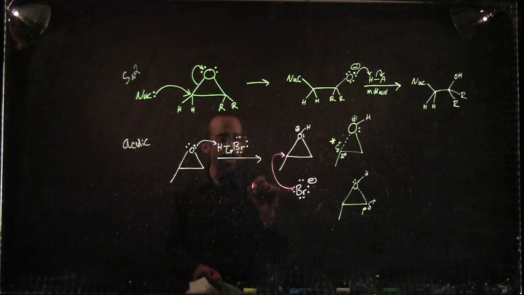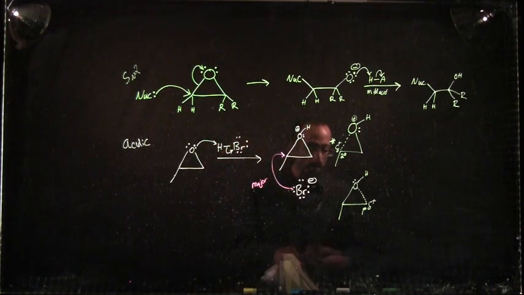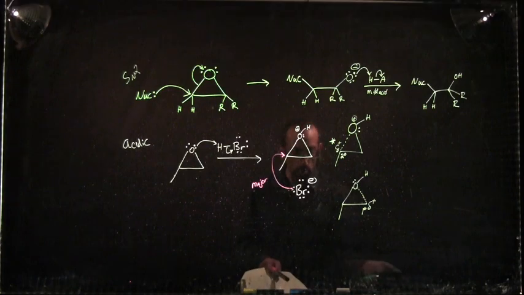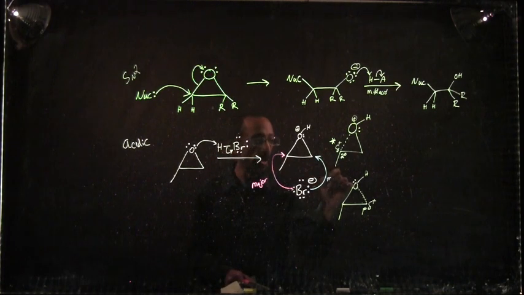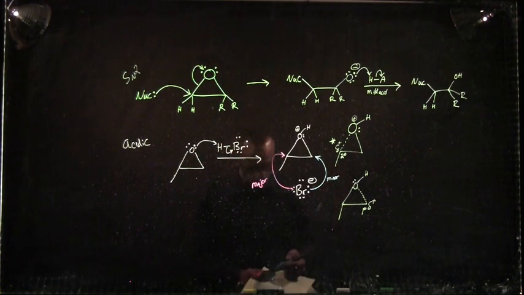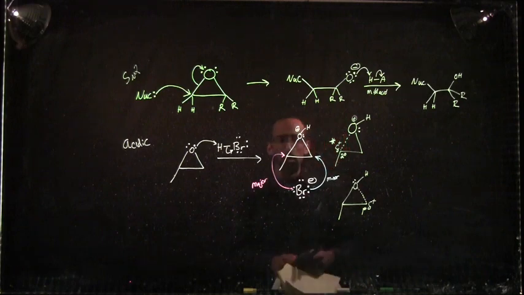So this is going to be our major product pathway. And our minor product pathway will be from our bromide attacking at the primary carbon. So this is our minor pathway, which tells us that we will get two products.